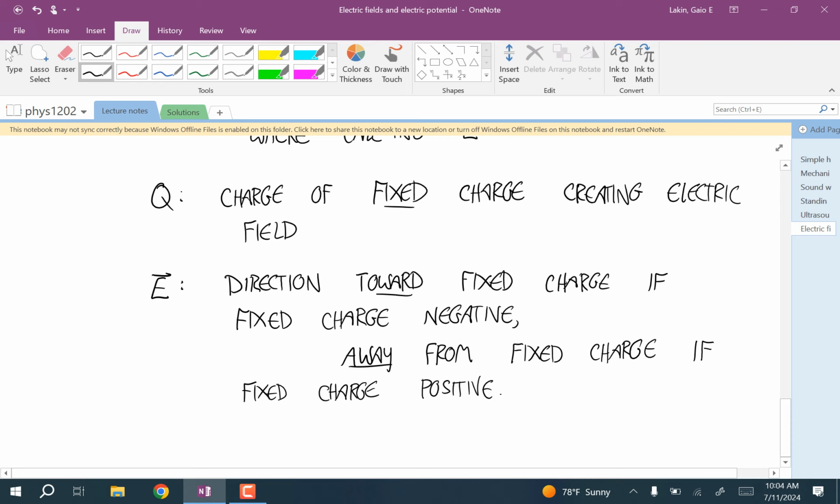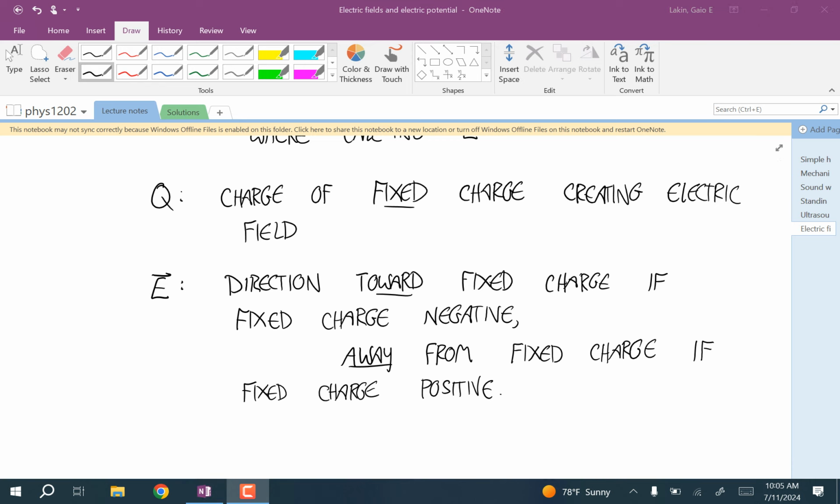Intuitively, the way you can think about this is the direction of the electric field vector is going to be the same direction as if at your location where you're doing this calculation, you had a positive charge. So you can always just think of moving a positive charge around. What's the direction of force that the fixed charge would apply to it?